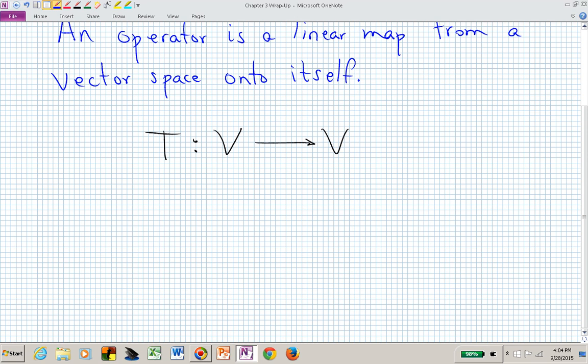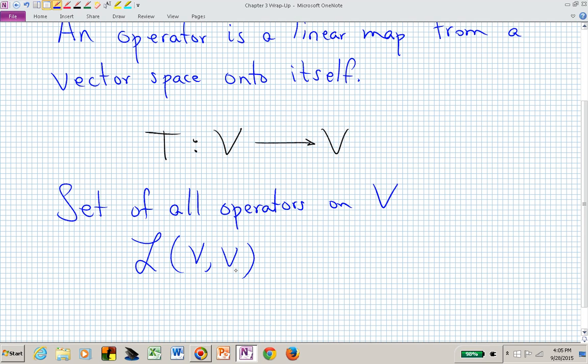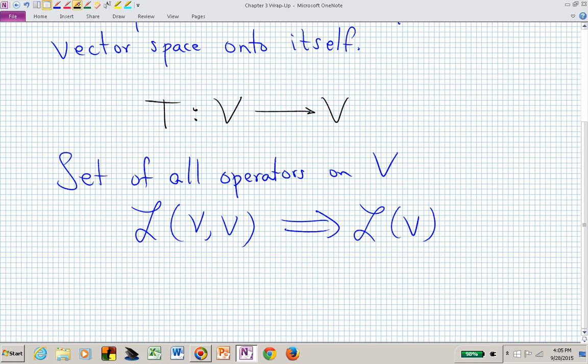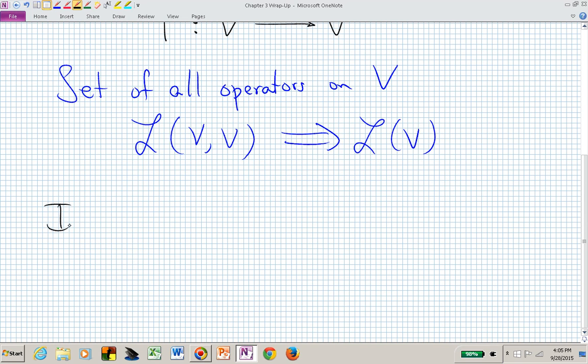Since our domain and codomain are the same, we won't use 2 arguments on the script L. We'll just use the one that's common to both, meaning the set of all operators on this vector space V, which would be script L of V comma V, will be abbreviated simply as script L of V. As I said earlier in today's lecture, this is what we will be dealing with for the remainder of this book: operators.